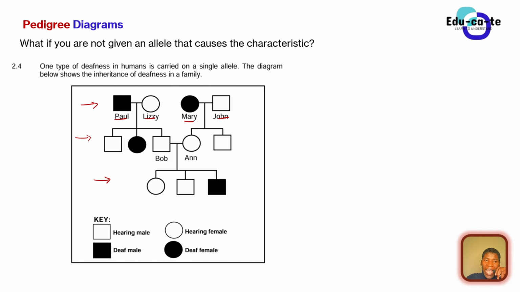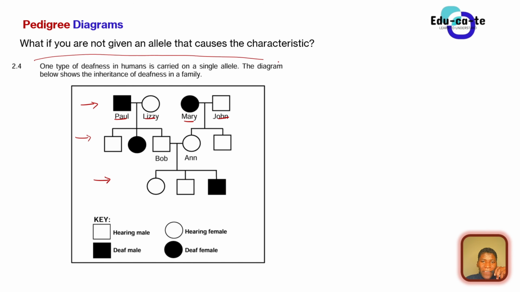So now, if you are not given an allele in the statement, listen to this very carefully. I have said you read the statement first so that you identify whether the allele causing the condition is dominant or recessive. In the statement, it just says one type of deafness in humans is carried on a single allele.